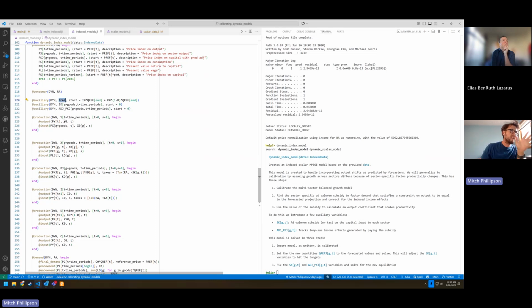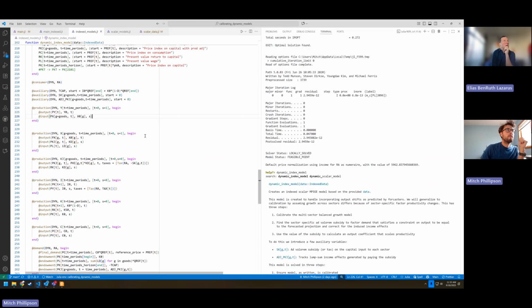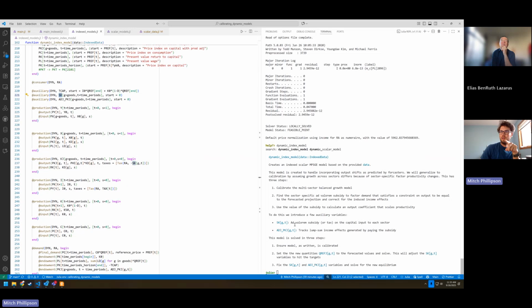That's the terminal capital, the level of capital at the last year, whatever we want. SK, right here, is an ad valorem subsidy, or it's just a tax. Where it comes in is right here. So we have an auxiliary variable that's a tax.